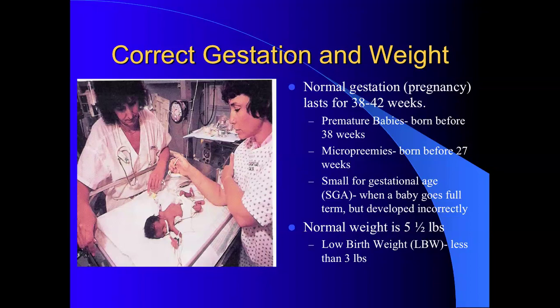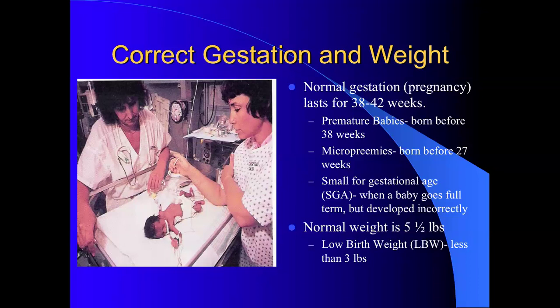But the same thing is a problem if you have a premature birth, right? Anything earlier than 38 weeks, we consider a premature birth. We acknowledge that there's a certain amount of growth that's supposed to happen before birth.